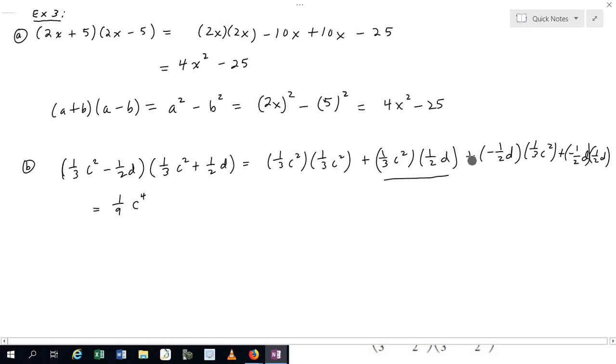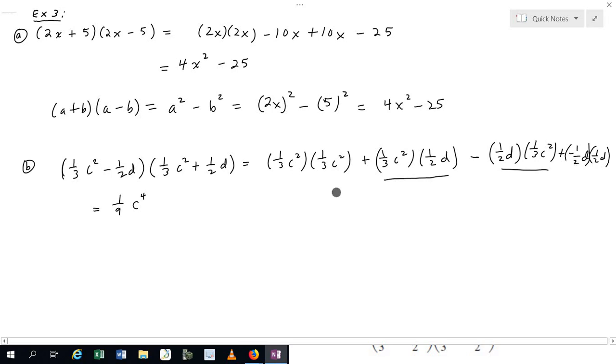In fact, when you add a negative, that's the same as subtracting, right? So you can think of this as subtracting all of this, which is going to cancel with this term. So those cancel out.